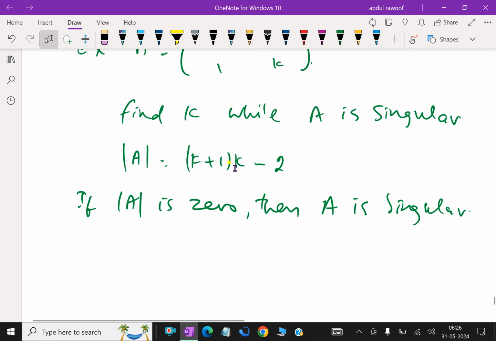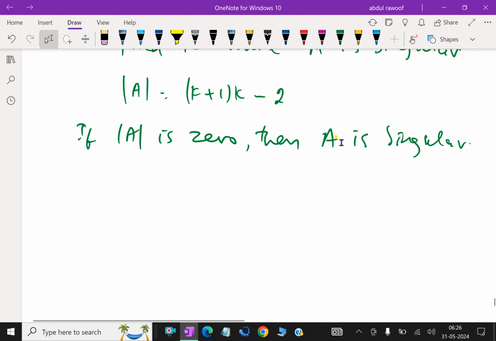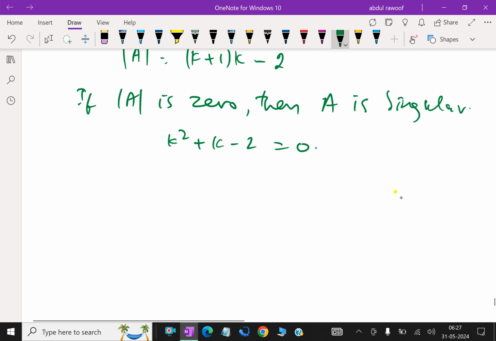Already A is singular, therefore k squared plus k minus 2 equal to 0. We have to solve this quadratic. Here minus 2 can be 2 into minus 1, therefore k squared plus 2k minus k minus 2 equal to 0.